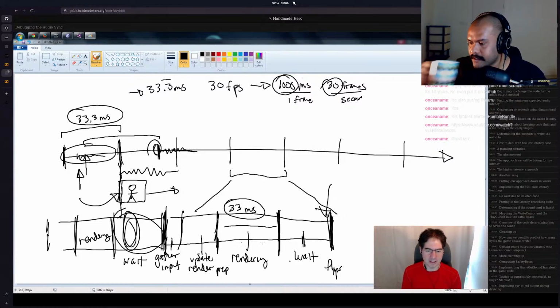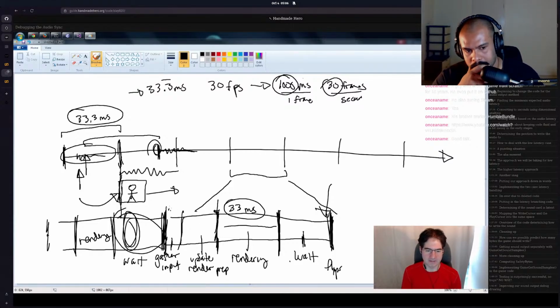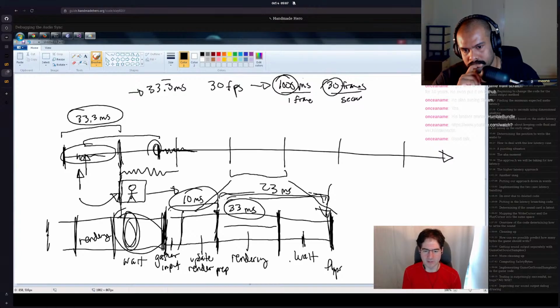So actually, all the way back to almost the beginning of this other frame, like let's say this right here is only taking 10 milliseconds, and this right here was taking 23 milliseconds, right? So we divide the frame time up, and basically the gather input and that update step is maybe only 10 milliseconds, and then we spent a lot of time rendering and waiting, probably mostly rendering.